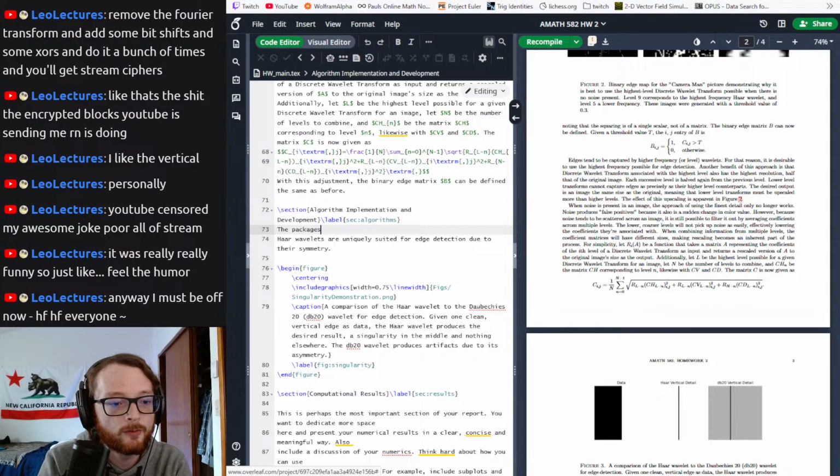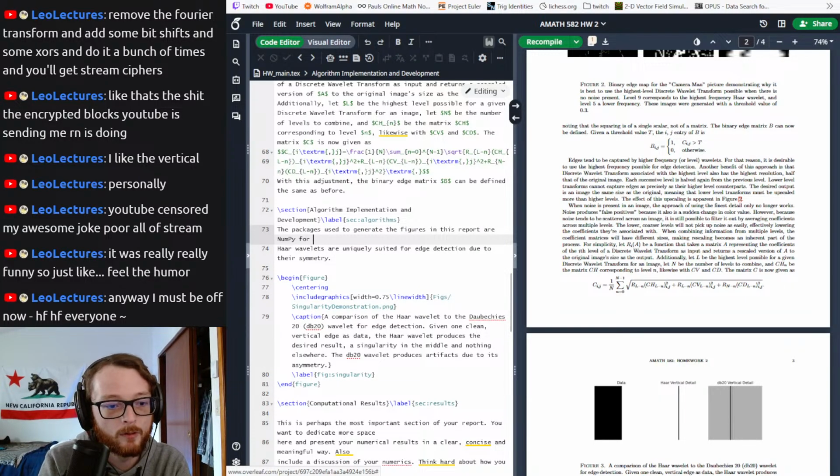The packages used to generate the figures in this report are NumPy for arrays. We won't capitalize NumPy.